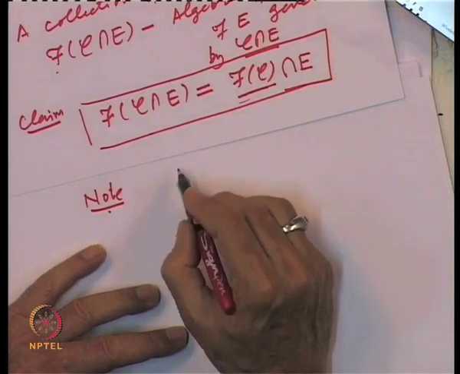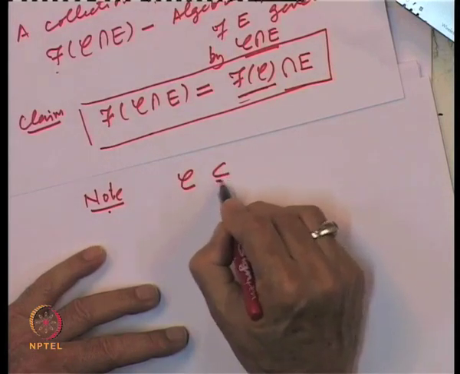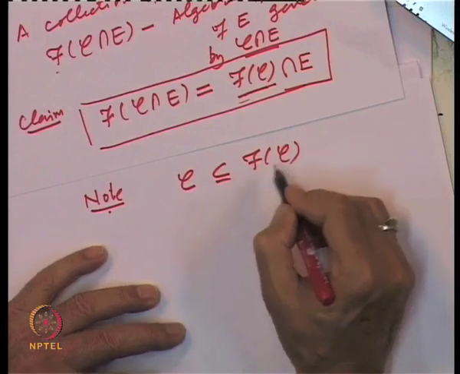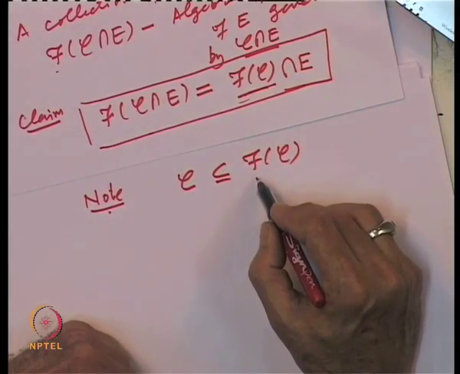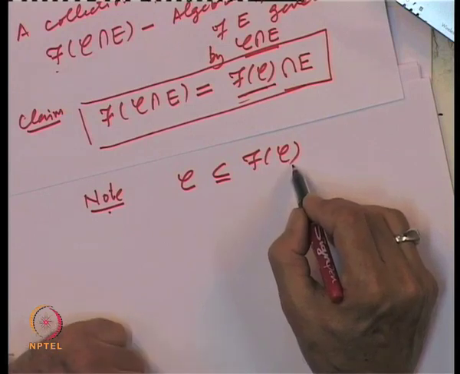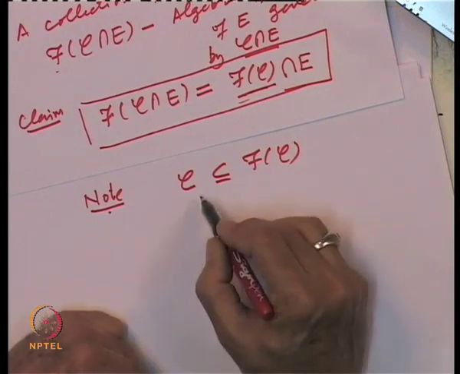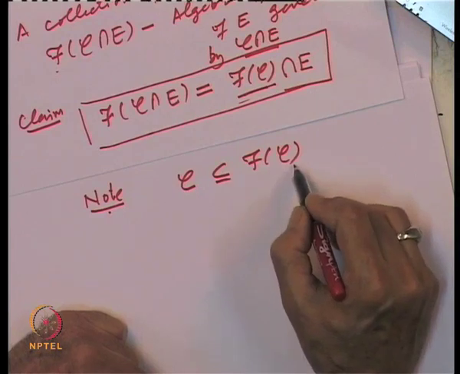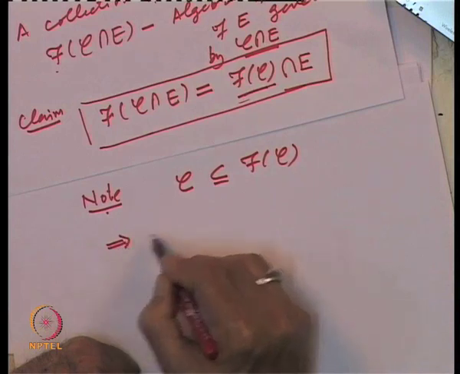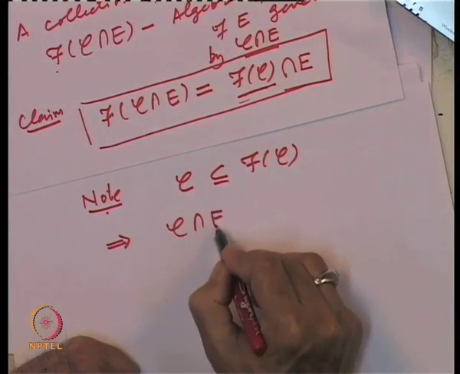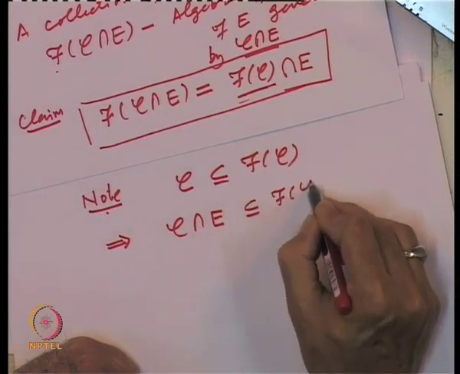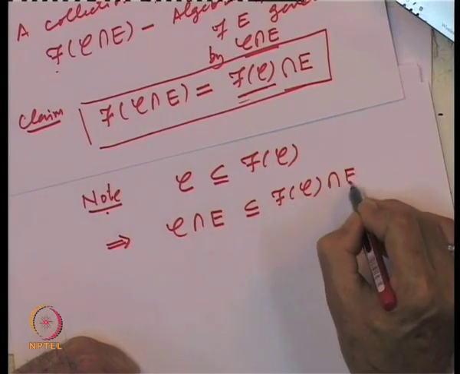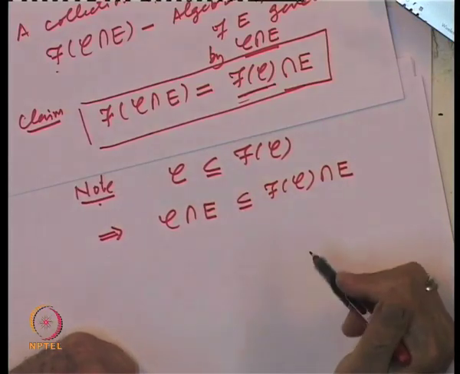First of all, we observe that C is contained in F of C. Given any collection C of subsets of a set X, F of C is the algebra generated by C. So, by the very definition, C is a subset of F of C. So, that implies that C intersection E is a subset of F of C intersection E. Is that clear?